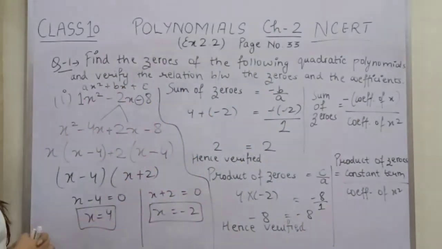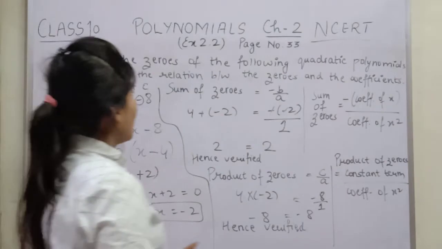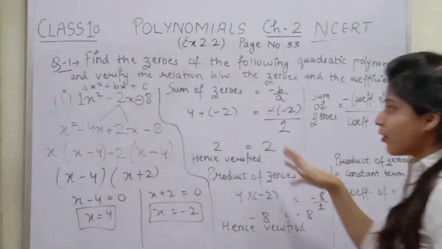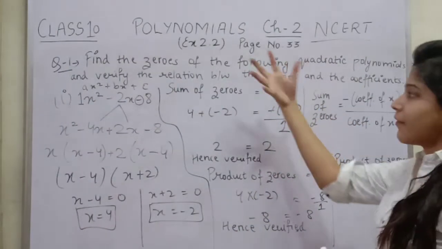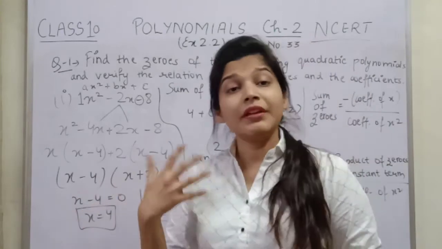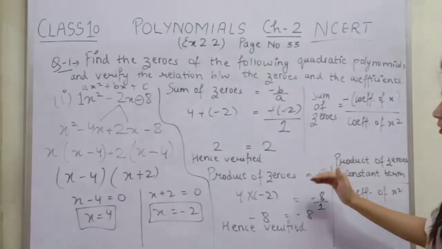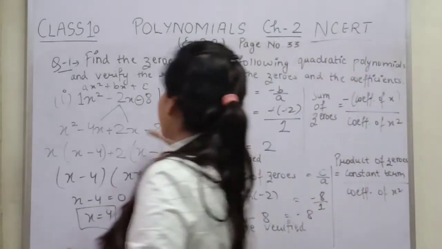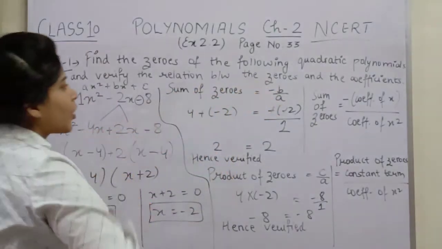So this was part number 1 of question number 1. I hope this is clear to you. First we find the zeros and then we verify the sum of zeros and product of zeros, the relationship between zeros and coefficients.